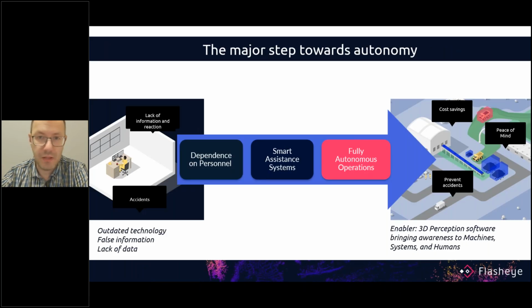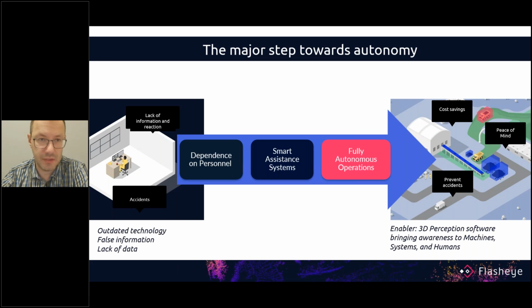And we believe that introducing LiDAR perception into many different parts of industry or smart cities, or even autonomous cars, will enhance safety and efficiency. And this is a great step towards autonomy.